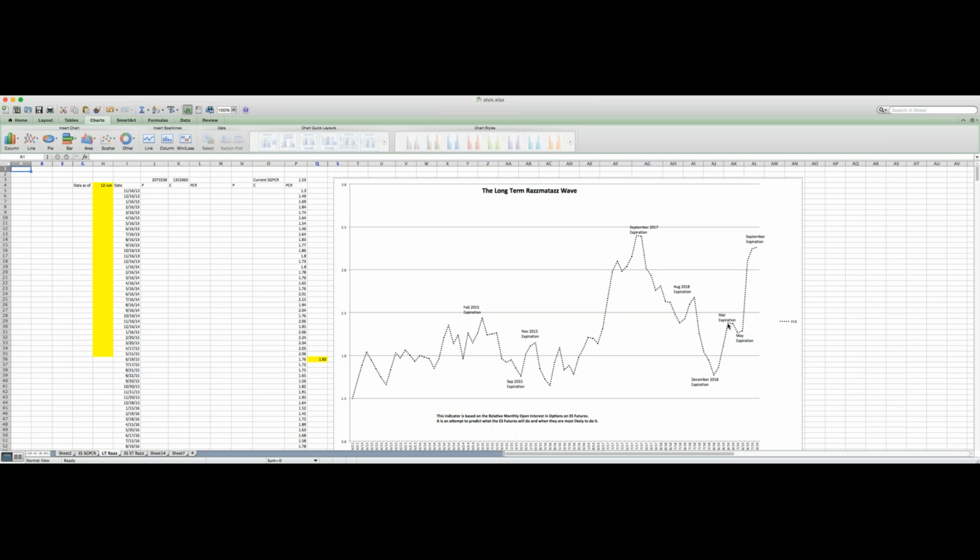We were pointing higher until March, which the expiry just got over last week. And from this March expiry, we are pointing down into May expiry, and from May expiry, we are pointing higher into September. So what this chart is telling us is that we have to expect a pullback lasting around 2 months from here, right? So most likely a wave 2 pullback. So the long-term razzmatazz wave tries to project what the SGPCR would be in future months, and based on that, we can get an idea of what the trend on ES would be in future months.